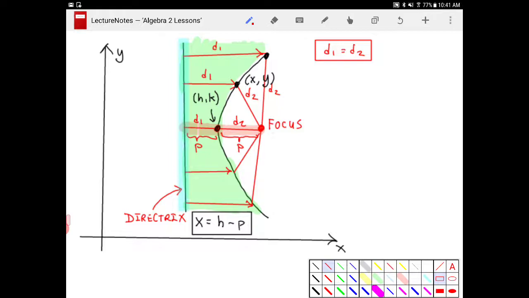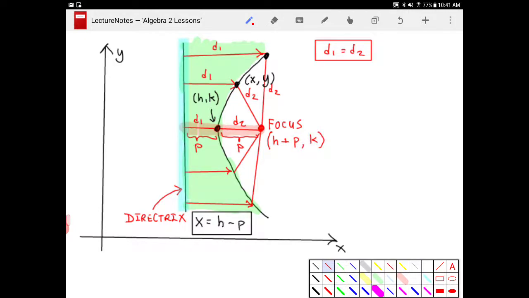Since I'm referencing everything from the vertex h comma k, the focus can be described in a very similar manner as the directrix. The focus will be p units to the right of h comma k, so it will be h plus p comma k.